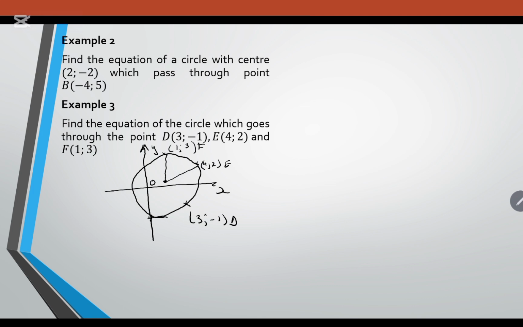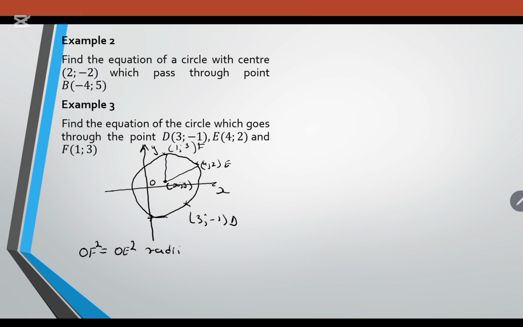So we're going to use the distance formula to solve this problem. I'll make the coordinates of the center point be (x, y). So we then say the distance OF is equal to the distance OE. These are radii of the circle. So the square of OE will also be equal to the square of OF.